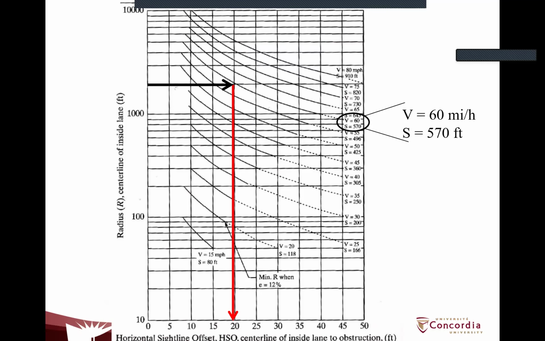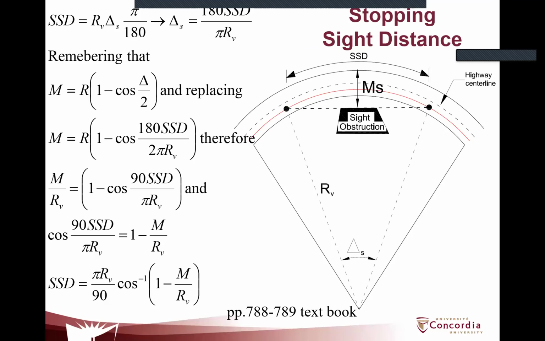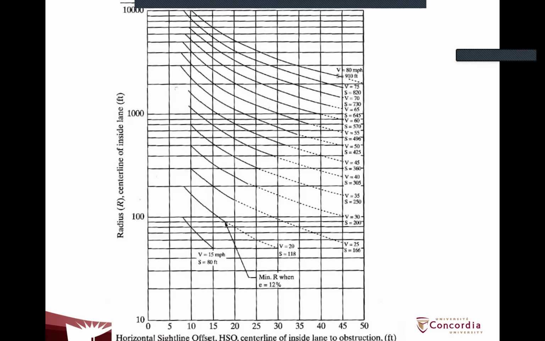Now you go and you hit with that curve the solid black line, and then you throw a red line down, and that will tell you the horizontal sight line offset, HSO. So 20 feet is the value of MS, which is how far that obstruction can be.